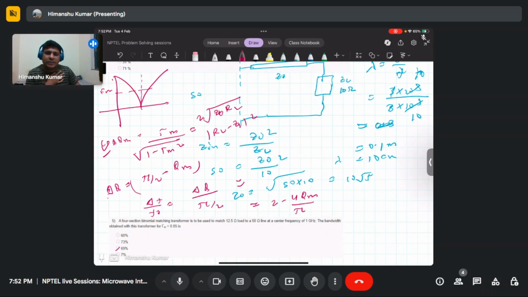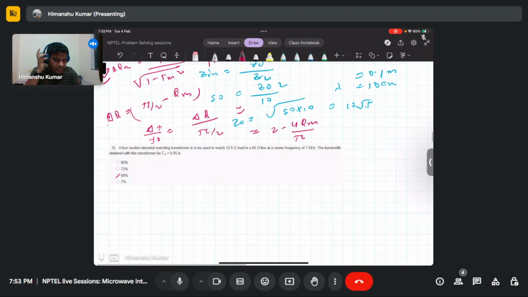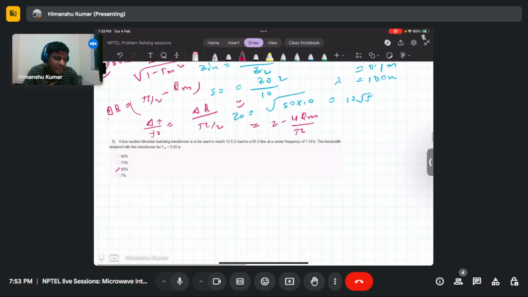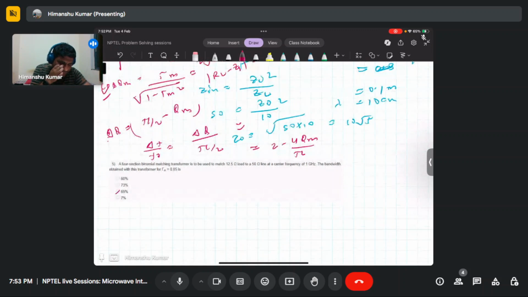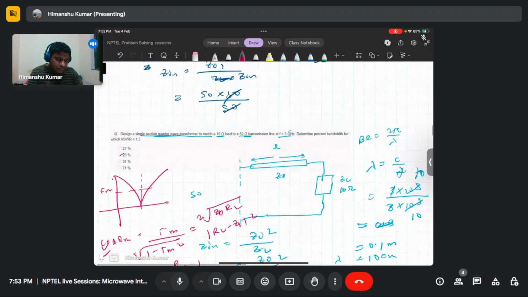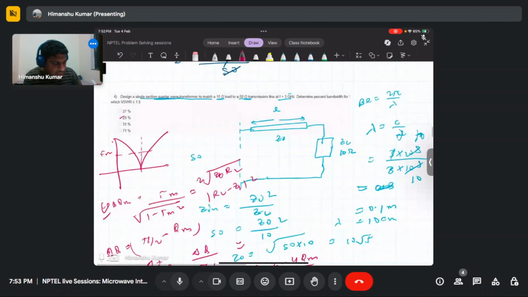We can get the value of theta m and use that to find the fractional bandwidth, and roughly you will get around 29 or 30% fractional bandwidth. The correct answer closer to this will be the second option.